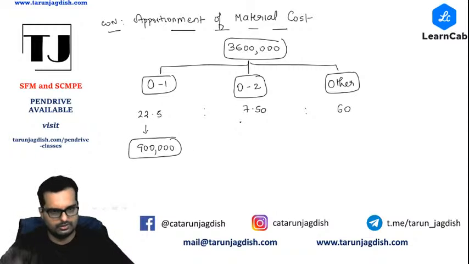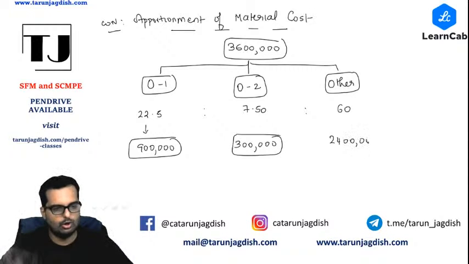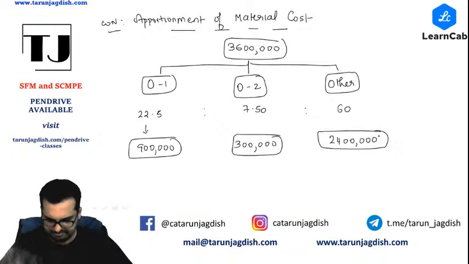Okay. What about the second one? 36 divided by 90 into 7.5 would give you the answer as 3 lakhs. And the last one would be 36 by 90 into 60. That will be 24 lakhs. Can you draw this chart in your books now, friends?